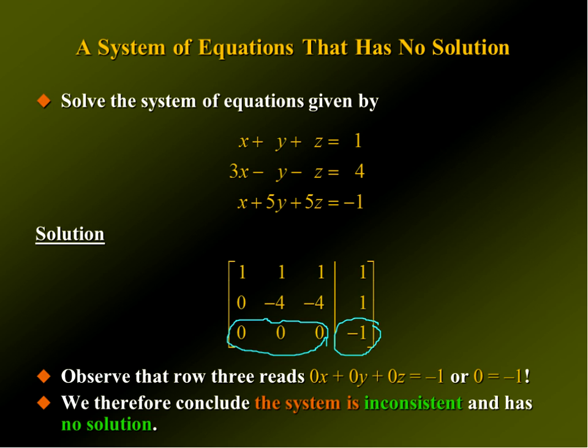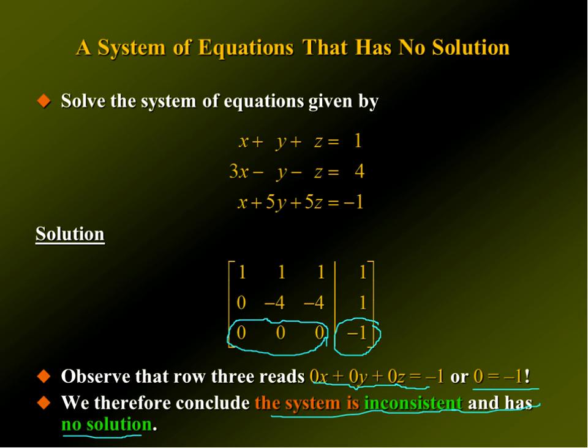This is an example of no solution. Observe that row 3 reads 0x plus 0y plus 0z is equal to -1, so 0 is equal to -1. We therefore conclude that the system is inconsistent and has no solution.